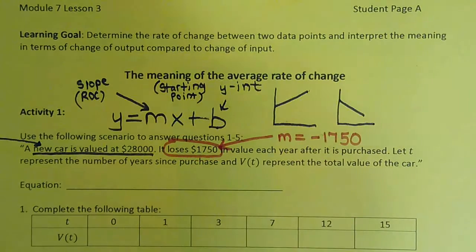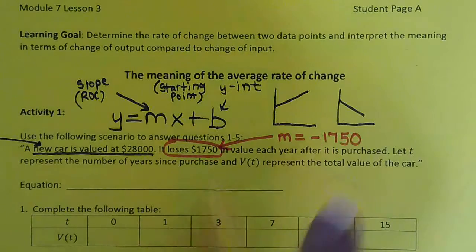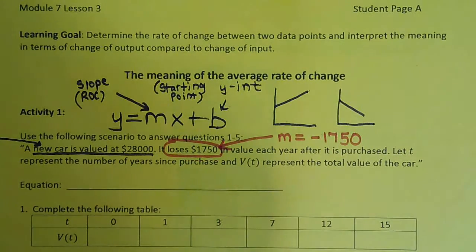So when it's gaining, increasing, that means the slope's positive. When it's decreasing, diminishing, losing, that means the slope's negative. So this is how you have to kind of train yourself to think now, since we started writing equations. And that's one of the biggest focuses of this module, as you can see if you did this packet.